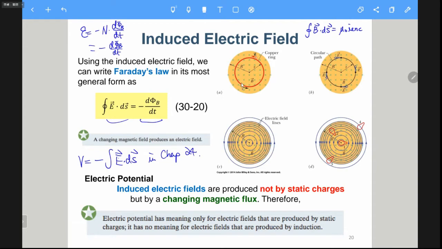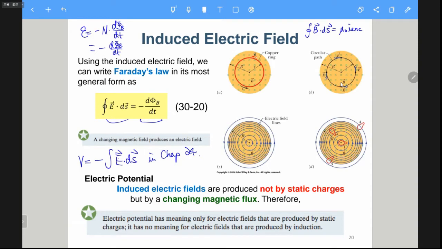if you try to calculate the E dot ds line integral in a mathematical way, which means that you pick a point, we have E dotted with ds, and then for the next point, E dot ds, and so on for the whole loop, and then you add them together.